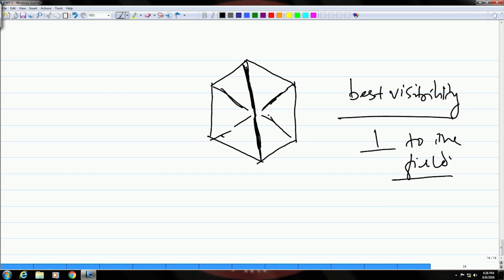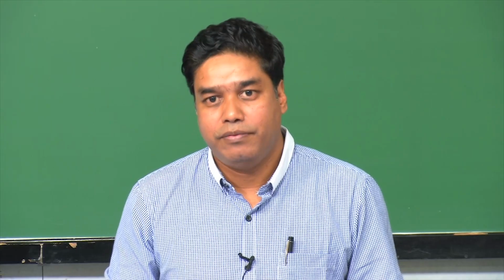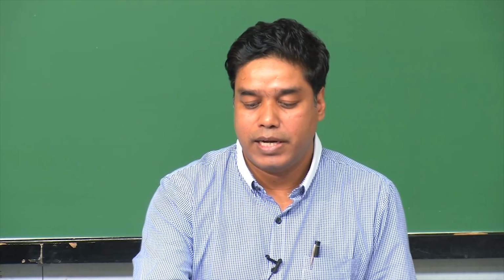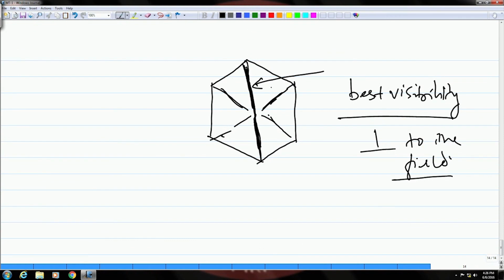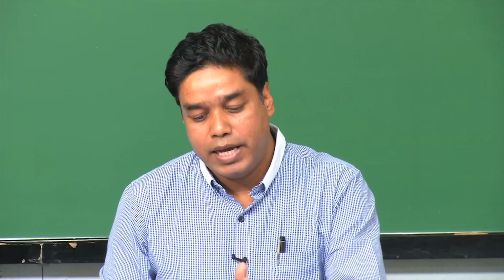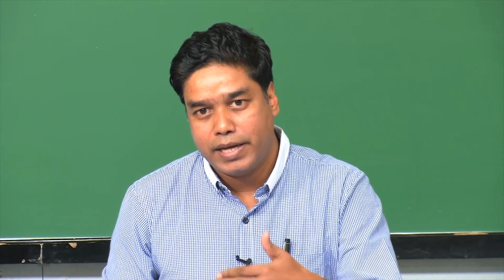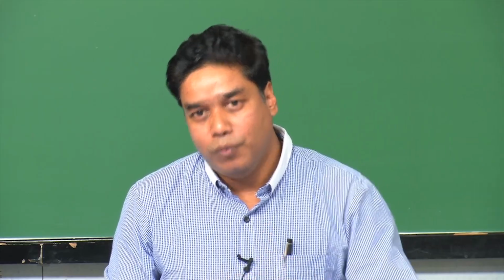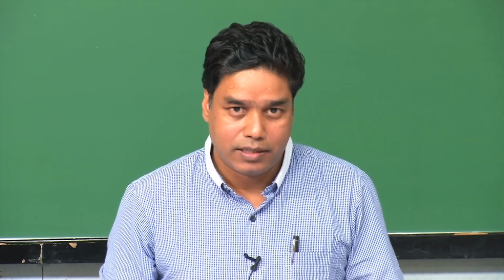So, this particular field indicator not only indicates the magnitude of the field, but it also indicates the direction of the magnetic field, because along the direction which is perpendicular to the magnetic field, you will see the most number of particles being attracted. Okay.